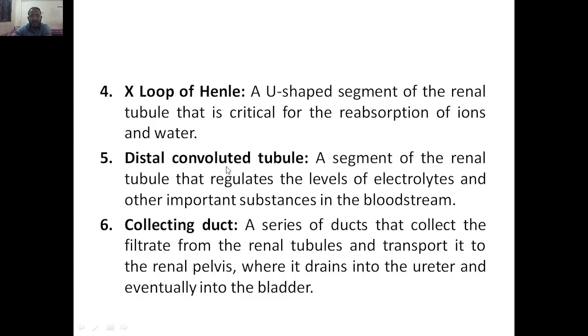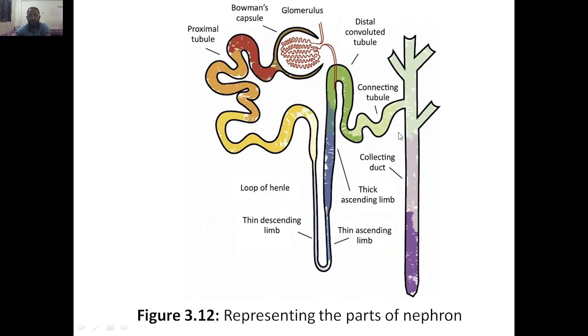Now, the proximal tubule we discussed: here reabsorption of minerals, electrolytes, hormones, and even glucose and amino acids takes place, and then it goes like this to the loop of Henle, the U-shaped structure.